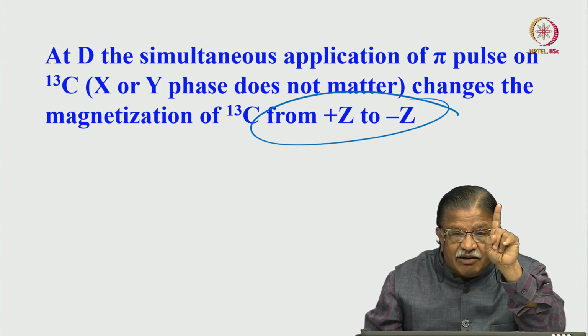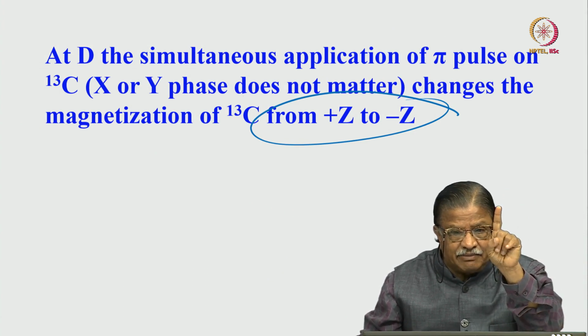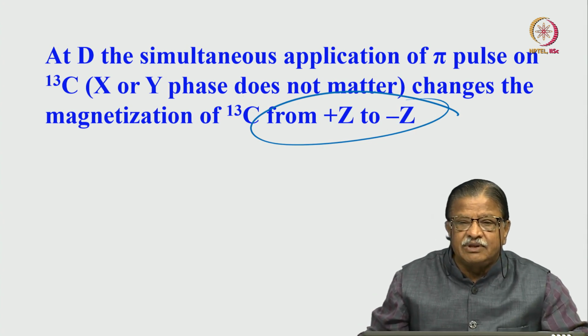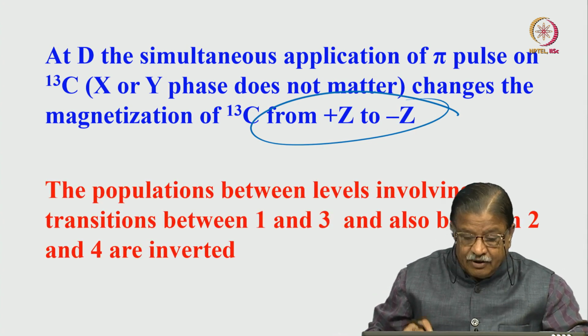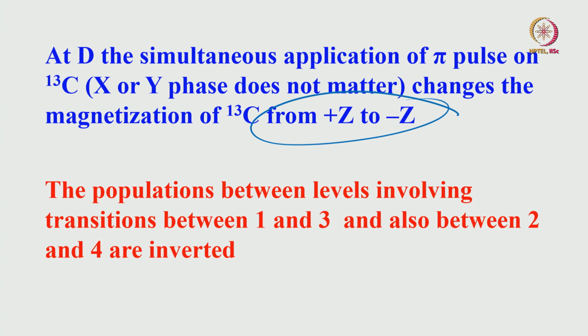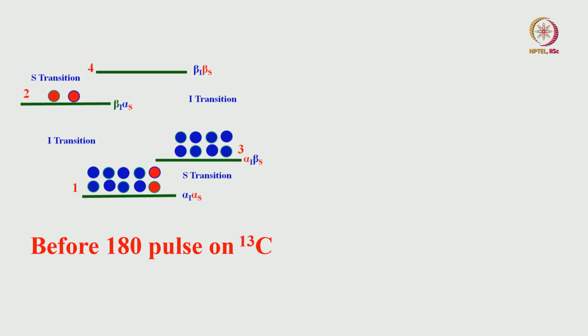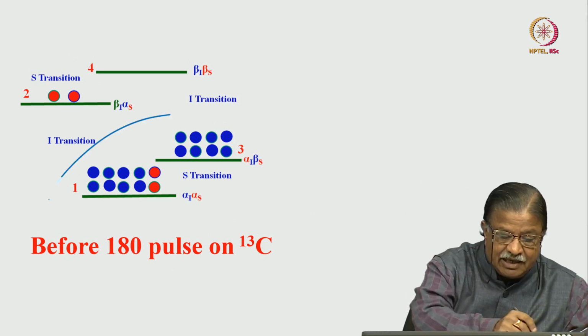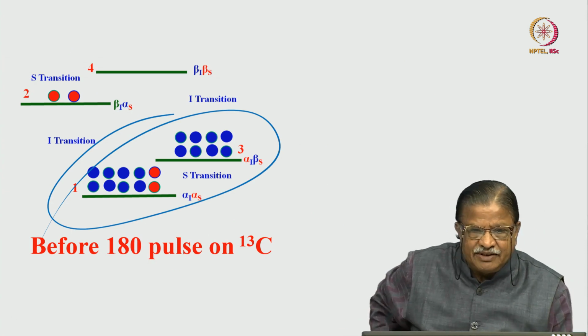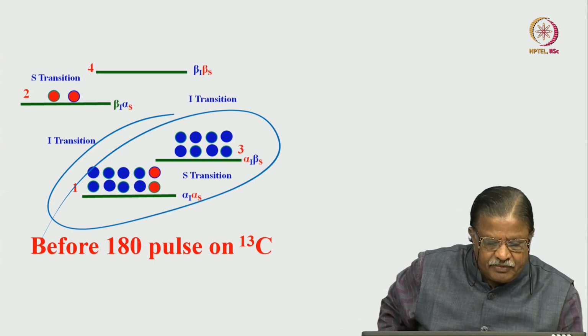Carbon spins are at thermal equilibrium along plus z. Now they come to minus z with the 180 pulse. The population between the levels, for transitions 1, 3 and also between 2 and 4, are inverted because of carbon 13. That is what we did. So this is what happens. Before the 180 pulse, this is the population difference which we saw for calculation of the polarization transfer. We just took the example.